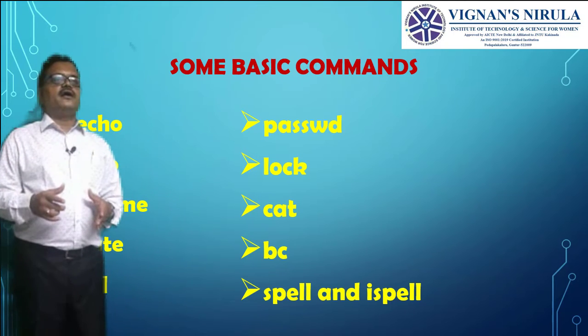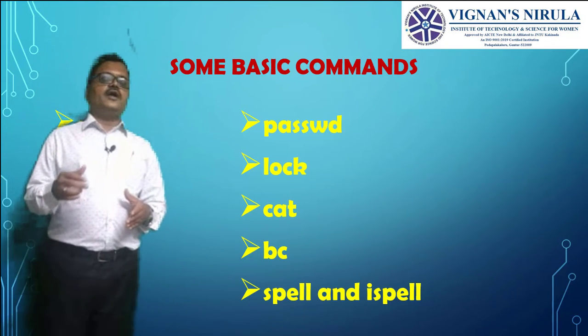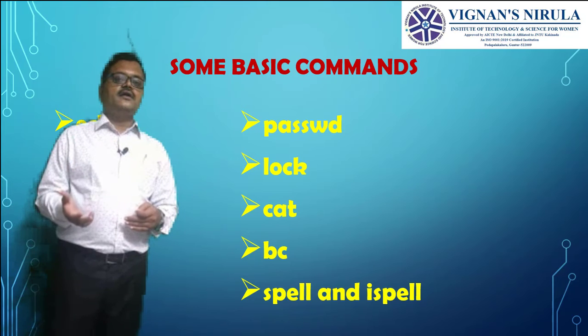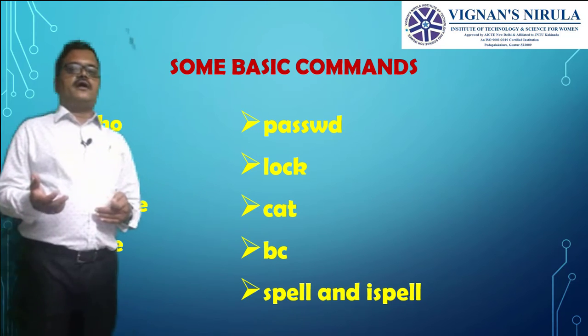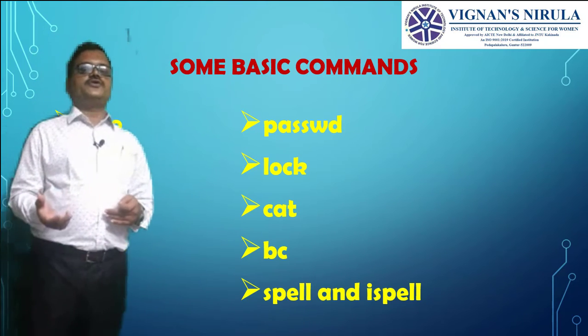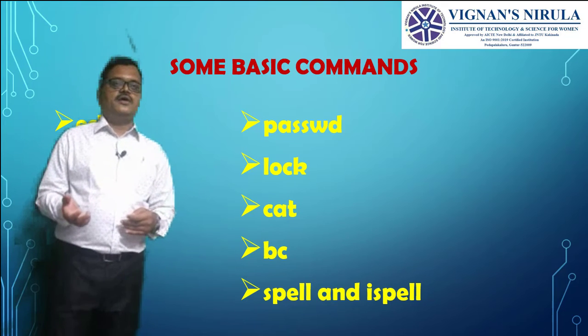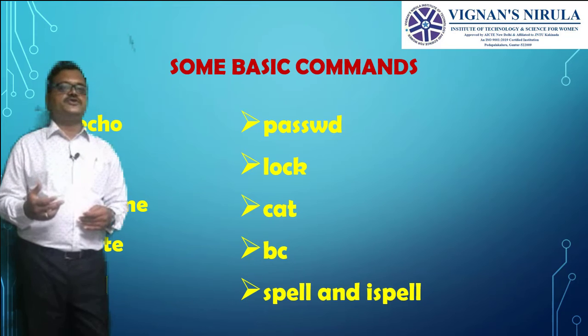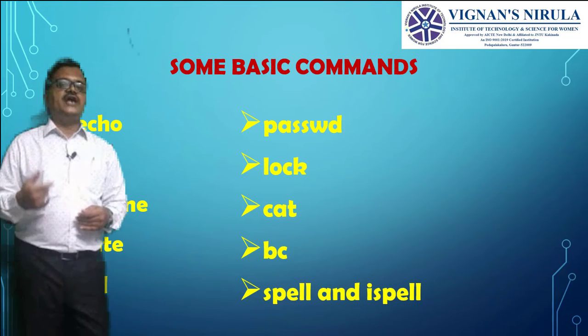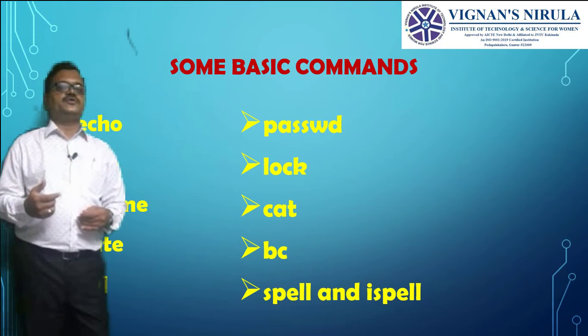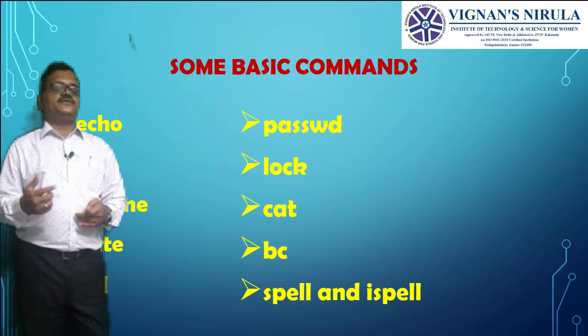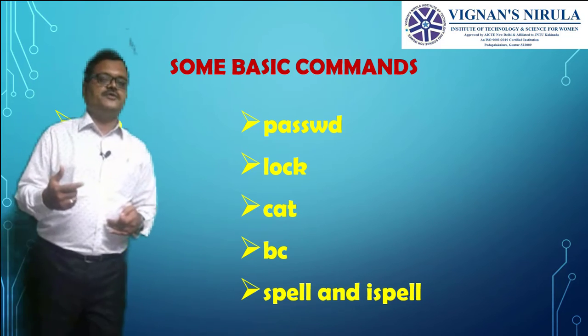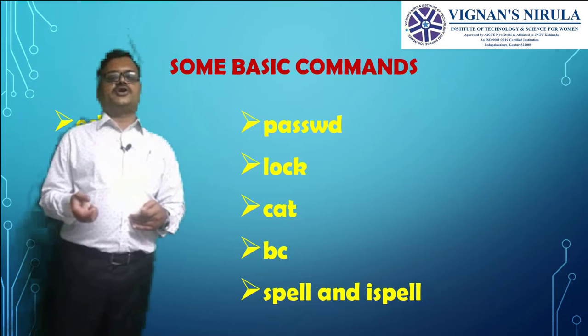Also, date -u gives the time in UTC. There are different time zones, so this is the universal time zone. The date command is also used by the system administrator to change the date of the system. The date will keep working on the battery backup even when the system is shut down.